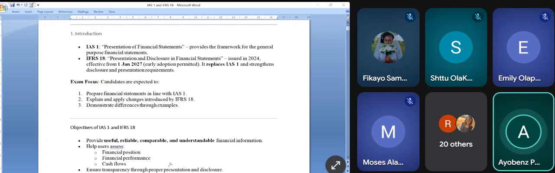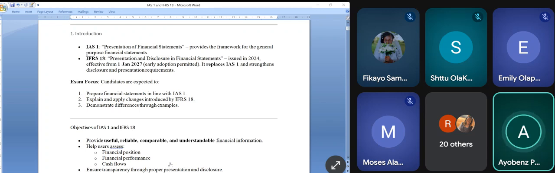The same thing that you have under IAS 1 is what you are having under IFRS 18. There are only little adjustments, and that little adjustment stems from the statement of comprehensive income. The way it is being structured is the only difference. So IAS 1, whether you are familiar with it or not, is still what it is in IFRS 18.